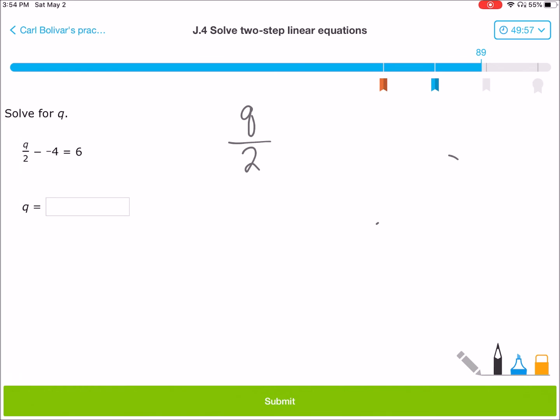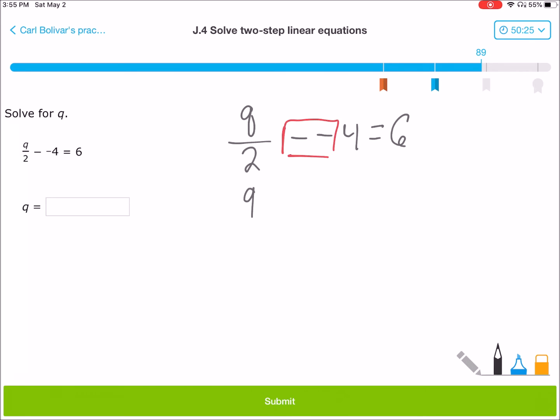Let's write it out. Minus 4 is equal to 6. Alright, notice how we have two minuses now. Remember the rule about minus, plus, minus, plus, and minus when they multiply each other and divide each other? Well, what would these two minuses when they multiply each other become? What sign?